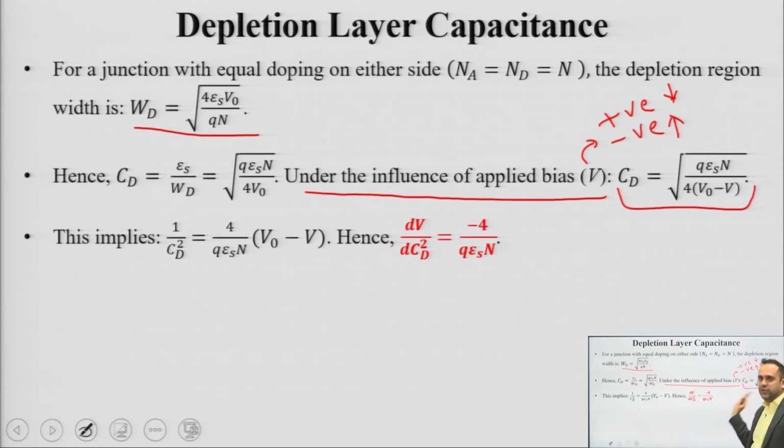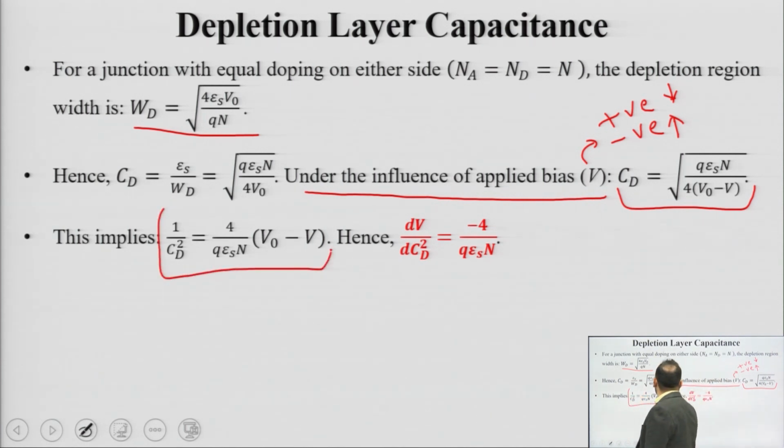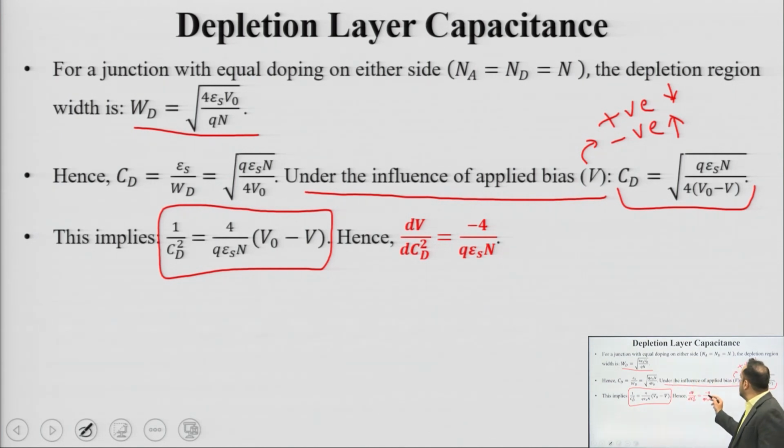If I square both the sides, I can obtain this expression here. This is just obtained by squaring both the sides of this equation. So, dV by dCd square can be written as this expression here.